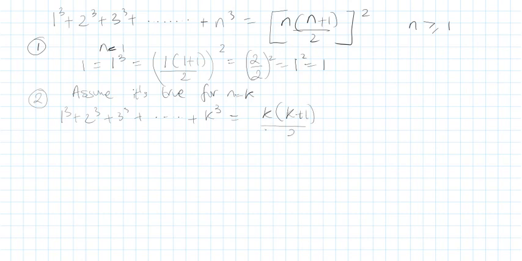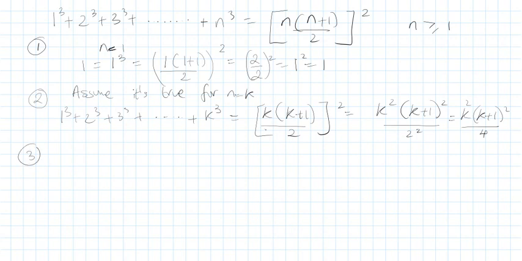If I use indices, this can be simplified to k squared, k plus 1 squared over 2 squared, as we basically just shared the power, which we can do as per the rules of indices. So it's k squared, k plus 1 squared divided by 4. This is stage 2, whereby we assume that the statement is true for n equal to k.